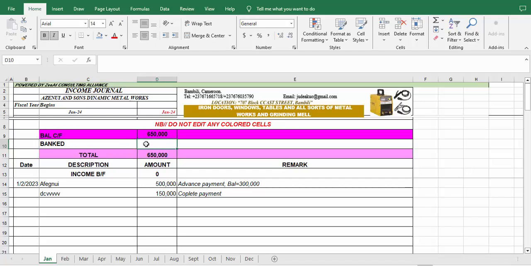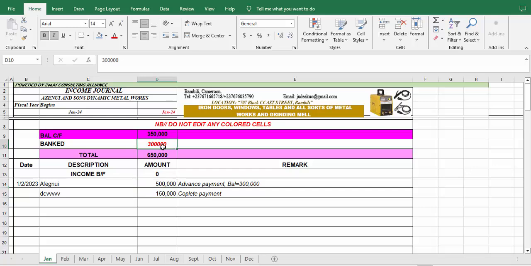Provided you spend 300,000, you say 300,000. Now, what is the balance that you're carrying forward? You're expected to have at least 300,000.